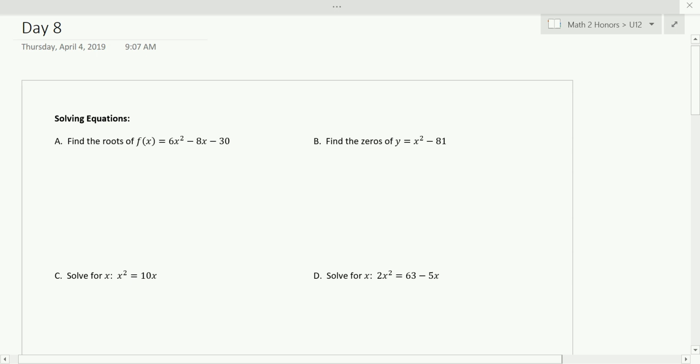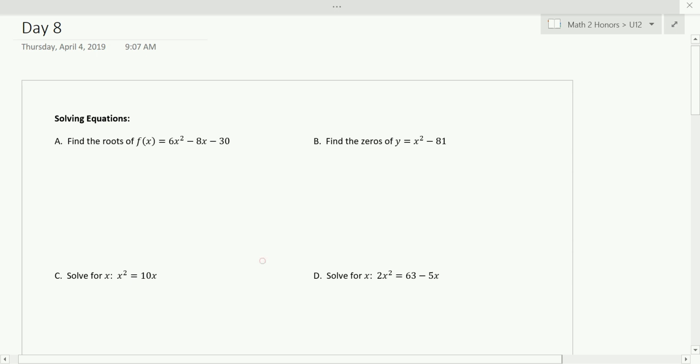You replace y with 0. If you don't have a y, f of x is the same thing as y. So you take away the f of x, put a 0 there. If I say find the zeros, you're going to replace y with a 0, just like we were doing. So all these end up being equations that we're solving.